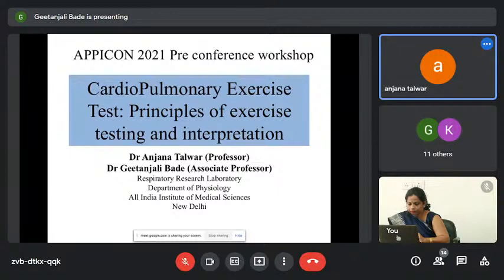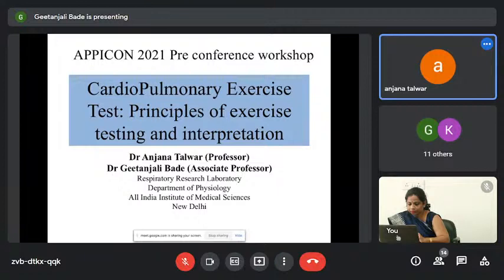Among these, the 6-minute and 12-minute walking tests as well as the endurance shuttle walking test are mainly submaximal tests, while the incremental shuttle walking test is a maximal test, but we cannot have a measure. So the topic for today is cardiopulmonary exercise testing. So we'll be going ahead with it. Yes, please.